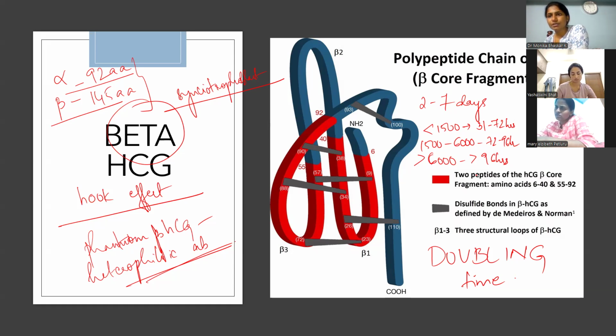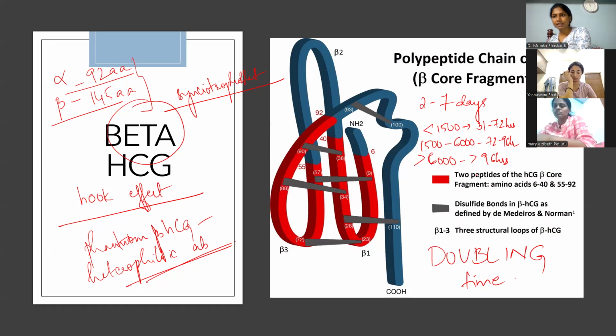The beta HCG should rise at least by 63% to call it a normal intrauterine pregnancy. So if it is rising more than 66%, you tell it should be an IUP, that is intrauterine pregnancy. If it is not rising beyond 33%, you have to have high suspicion of ectopic pregnancy. So this is the importance of doubling time.